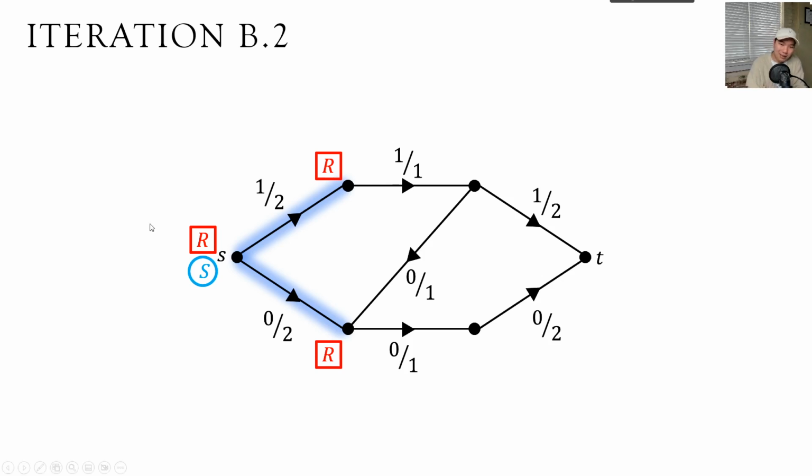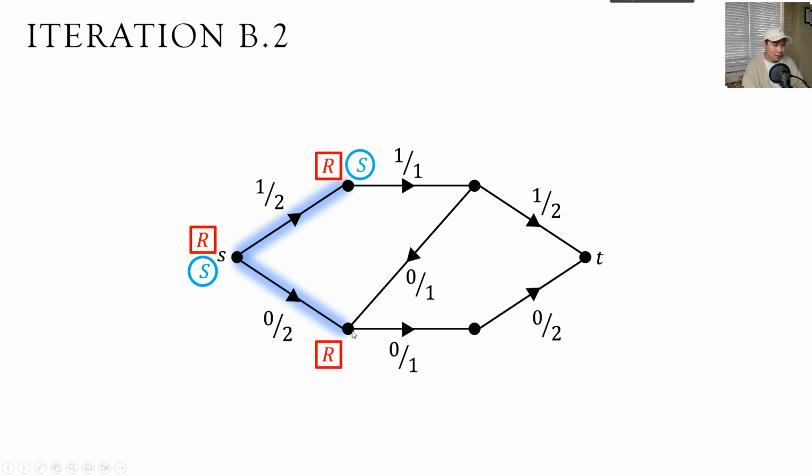Well, if I look at this edge, the flow is not less than the capacity. In other words, I can't use this anymore. You can imagine that I've already filled up this edge as much as I could. So therefore, I'm not going to highlight this edge like before. It's already full. Well, since there are no other edges that we can explore, we've searched this vertex. We've completed iteration 2.